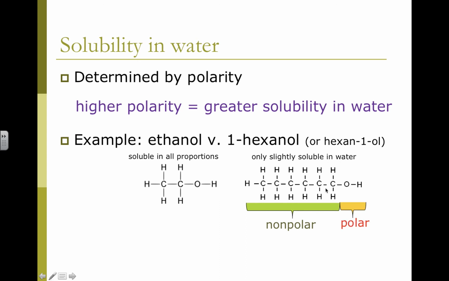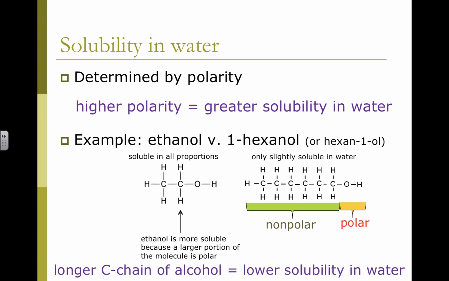It's just got the itty-bitty polar region. And so it's slightly soluble in water, but really not very. And then here, if you look at this as a proportion of the molecule, a larger portion of it is polar, so ethanol is soluble in all proportions. So all things else being equal, like same functional group, the longer the carbon chain, the less polar it is.